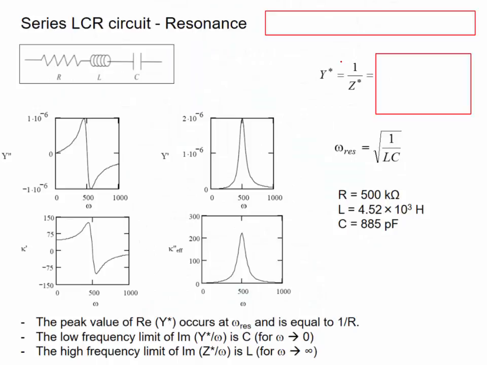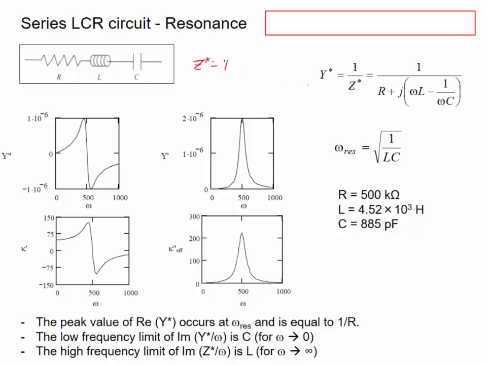So if you put the R and L and the C in series, then this will give you the resonance behavior. Okay? So first, if you calculate the admittance, let's say that this is impedance, then what?